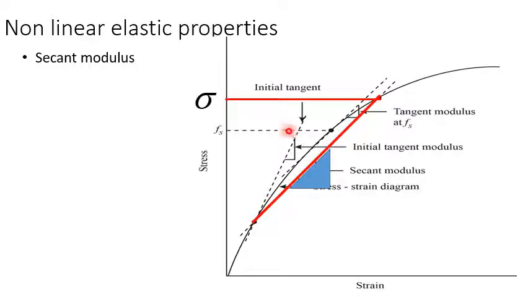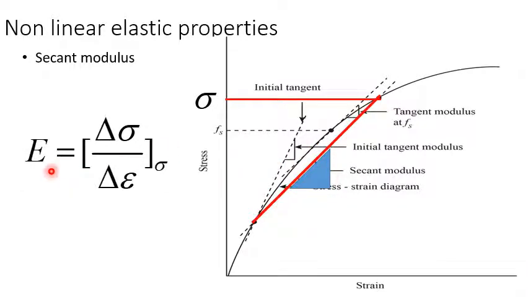From that point we will drop a line, a linear line which starts from the origin, and we are going to take the slope of that line. For that we write E, that is the stiffness, Young's modulus, equal to del sigma by del epsilon naught to the specified stress.